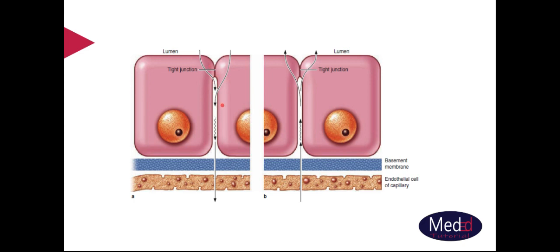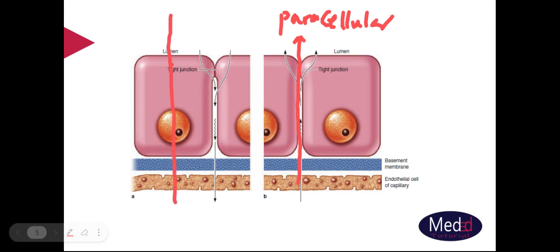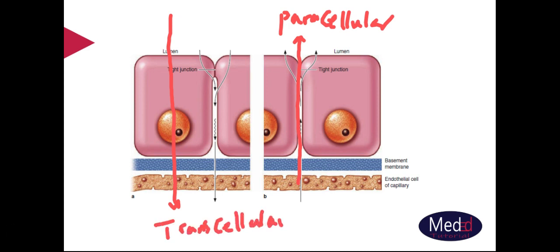If it passes between the epithelial cells, we call it paracellular transport. Para means beside. If it passes through the epithelial cells, that is transcellular transport. So you can have paracellular transport and transcellular transport, and the point is that epithelial tissue helps to subserve these functions.